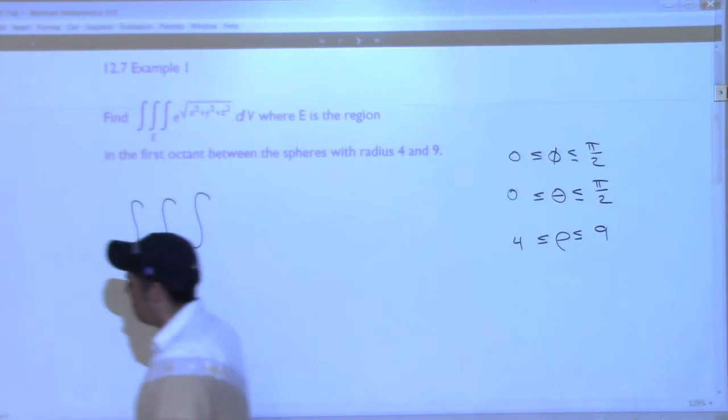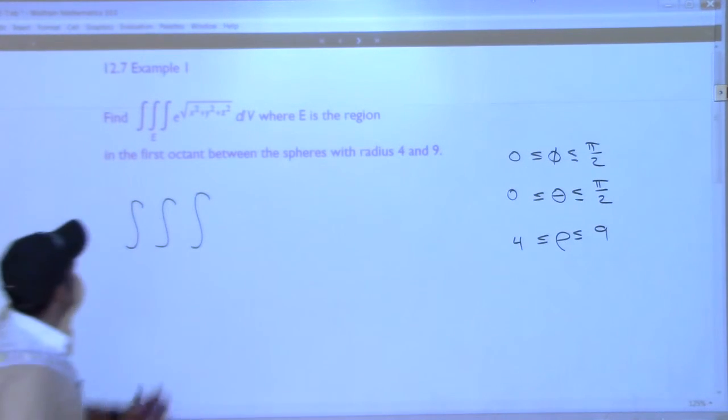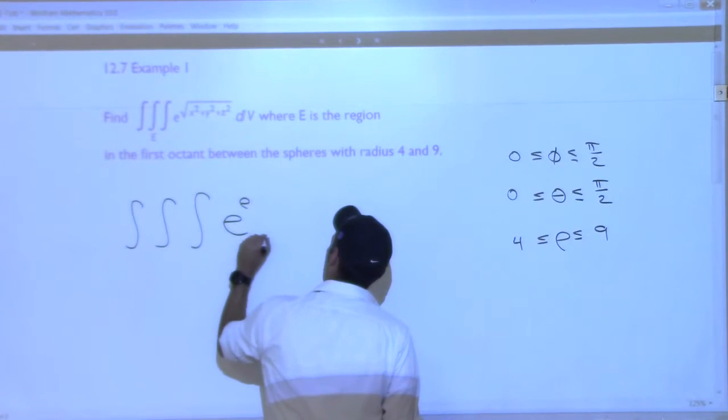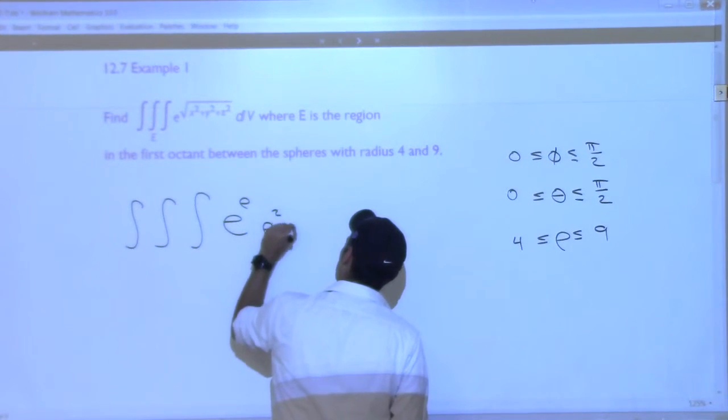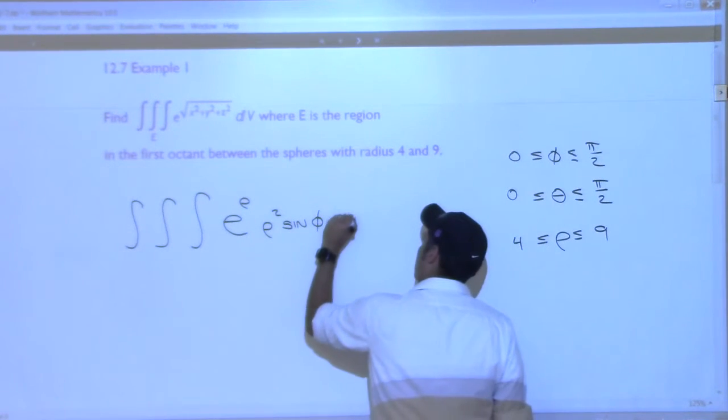Would you have to substitute the coordinate for the x, y? Yeah, remember this thing from spherical. X squared plus y squared plus z squared is rho squared. So that's e to the square root of rho squared, which is just e to the rho. So this thing becomes e to the rho. And then I have rho squared sine phi d.